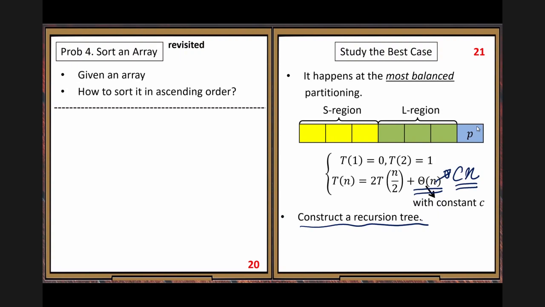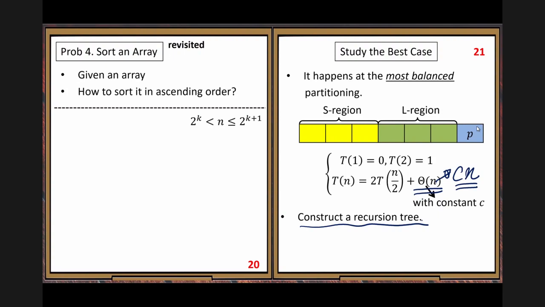We can do analysis on that binary tree, and we can estimate T of n, the total cost. It's a good approximation. Let me show you how to use the recursion tree to estimate.